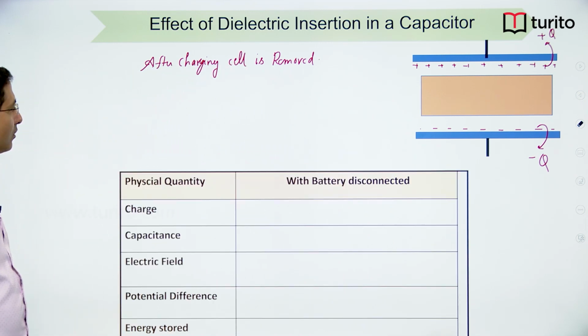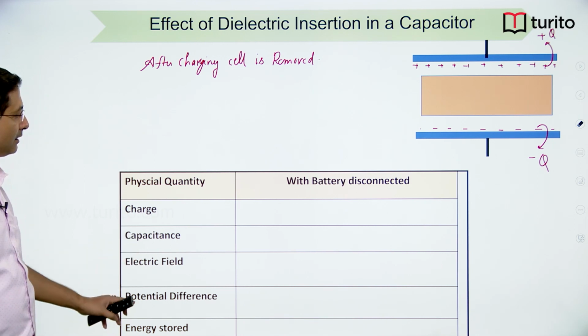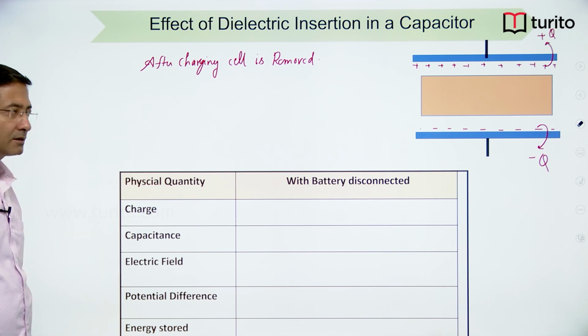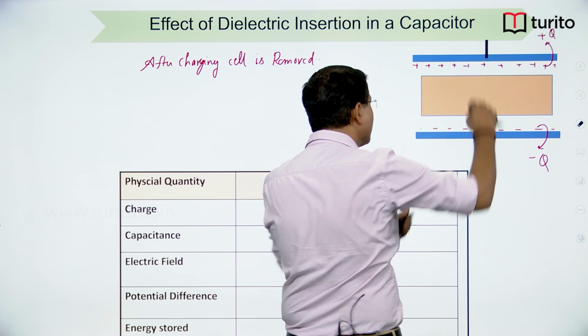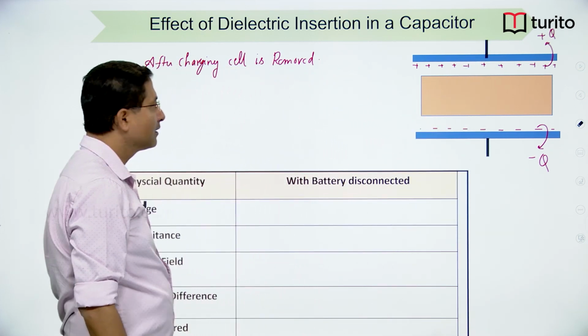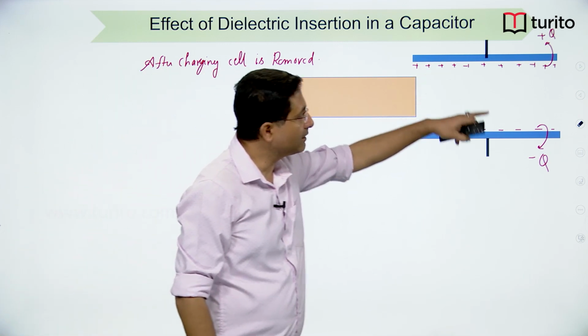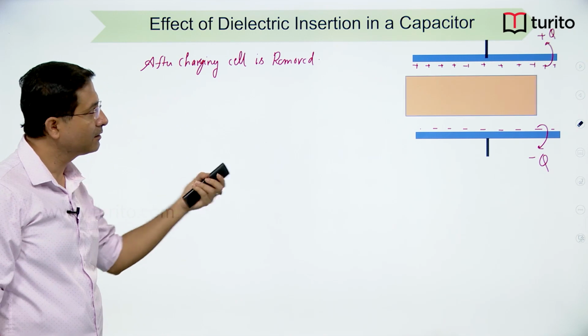Now let us look at all the parameters: what happens to the charge, what happens to the capacitance, what happens to the field, the potential difference and the energy stored. Charge first. As it is isolated, no battery is connected. Look at this one, this is isolated, no battery is connected, and then we are inserting the dielectric.